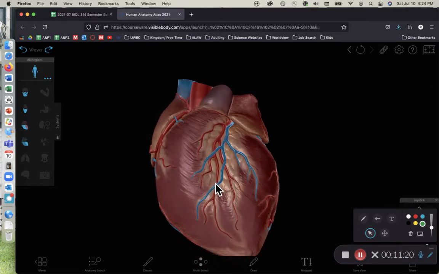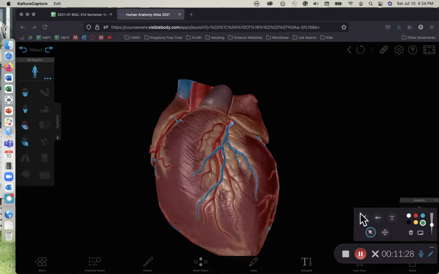Right here on the anterior of the heart, we have an indentation. I can't click it in Visible Body, so I'm just going to go ahead and trace it in green for you. This is the anterior interventricular sulcus, in between our left and right ventricles.